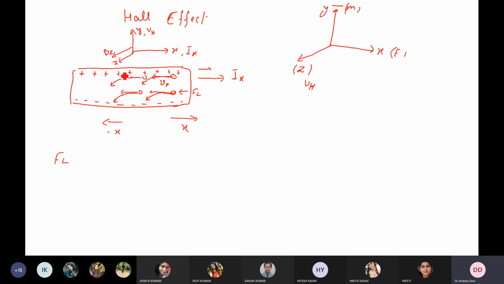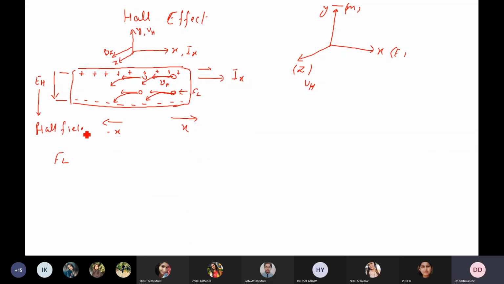So due to this separation of the charges, an EMF is developed inside the specimen, and due to that EMF, this Hall field is induced. So this EH is known as the Hall field.